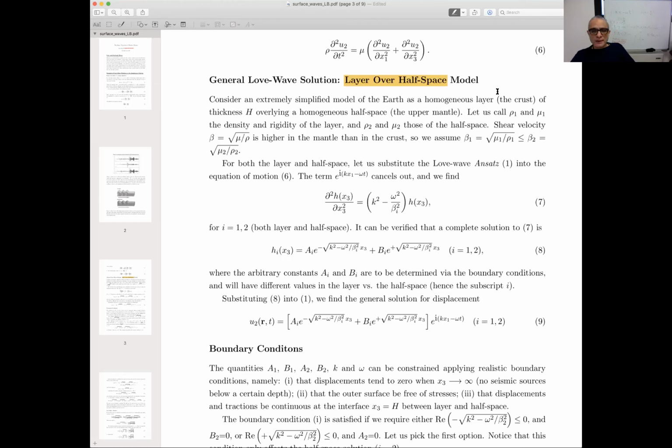There's even more discontinuities than that. So the Earth is at least also laterally, but most of all radially heterogeneous medium.